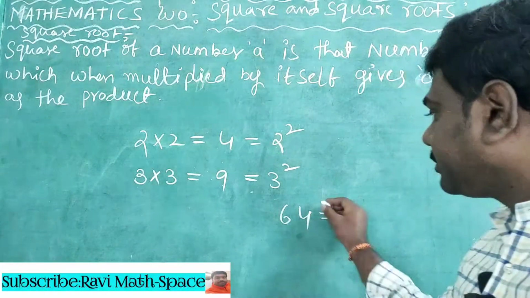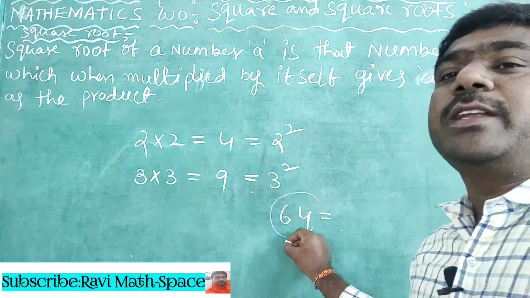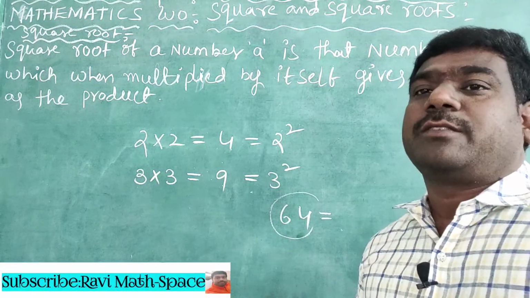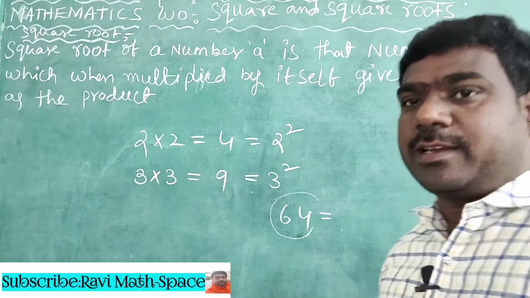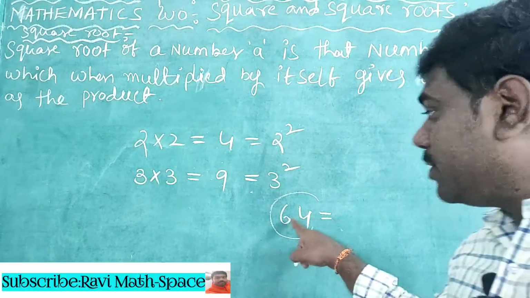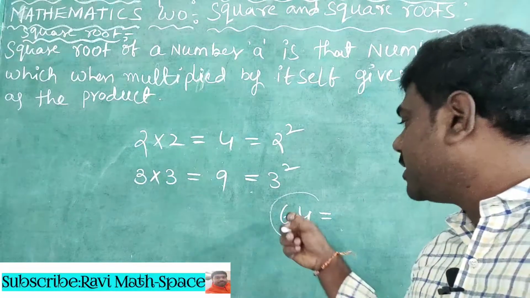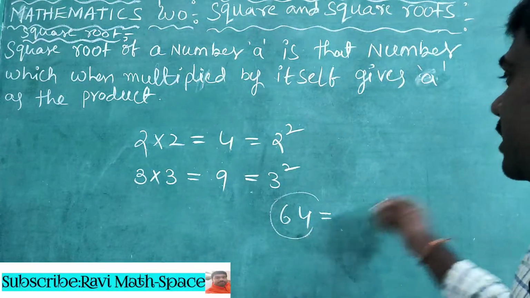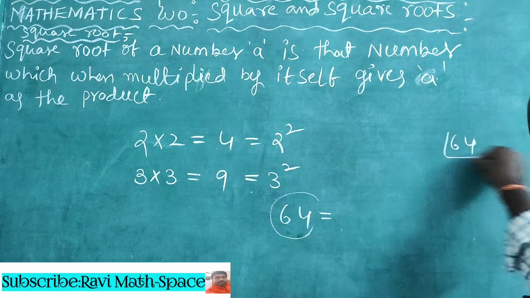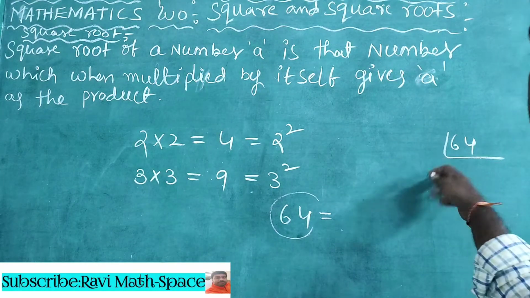Very simple. For this number, prime factors we have to express in the form of pairs of equal factors. Meaning, first we are going to find the prime factorization of this number. Can you tell me what the prime factorization of this number is? Prime factors. I can find them by using the long division method.